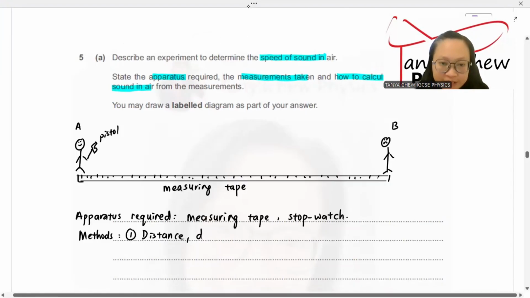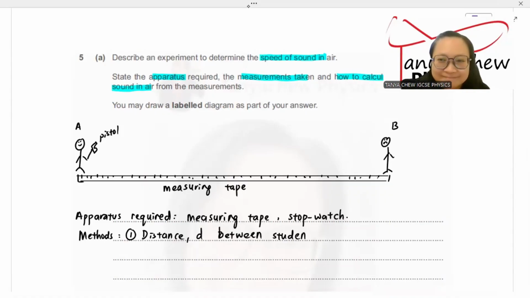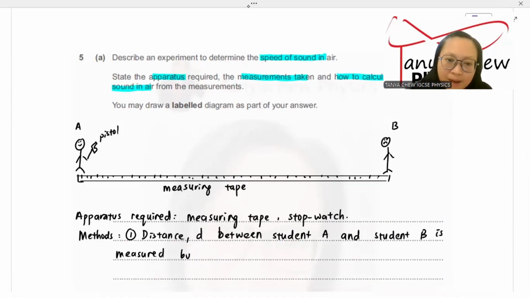Distance, which is D, between student A and student B is measured by measuring tape.